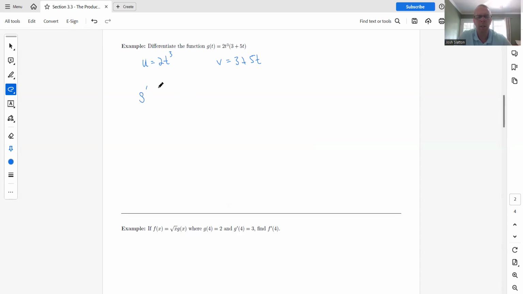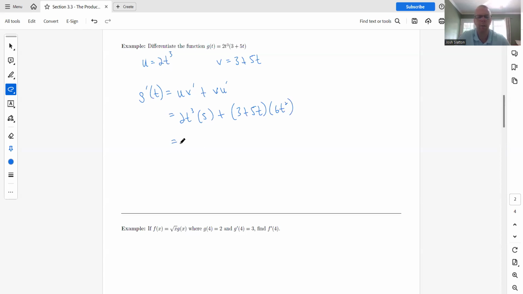So then if we want to find g prime, that would be u v prime plus v times u prime. So the u is 2t cubed, v prime would just be 5, plus v is 3 plus 5t. And then u prime, using the power rule, would be 6t squared.